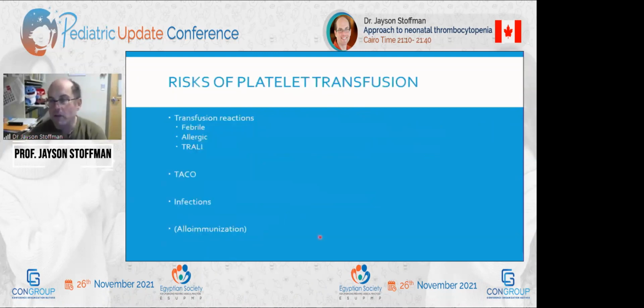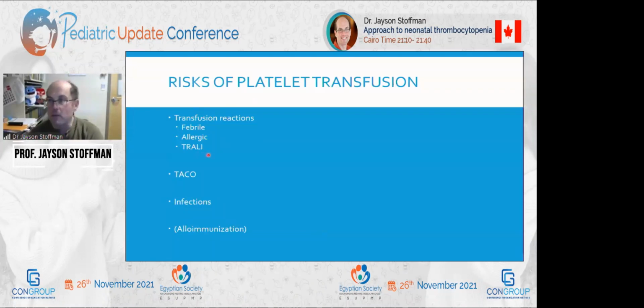Why should we worry about the levels? Well, there are risks. Platelet transfusions are not without risk. Certainly the most simple risks are the transfusion reactions. So febrile transfusion reactions, allergic type transfusion reactions, fairly uncommon to actually see these in newborns because their immune system is fairly immature. TRALI is transfusion-related acute lung injury.